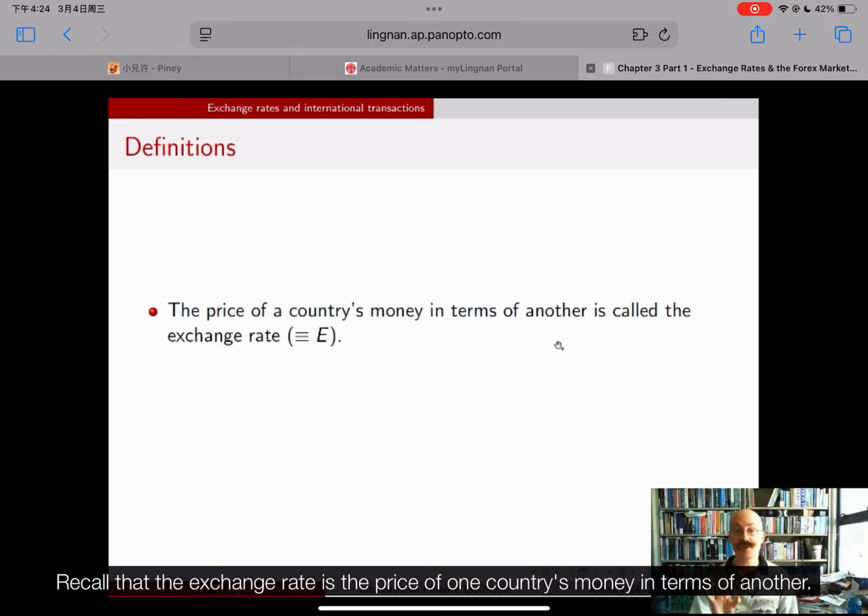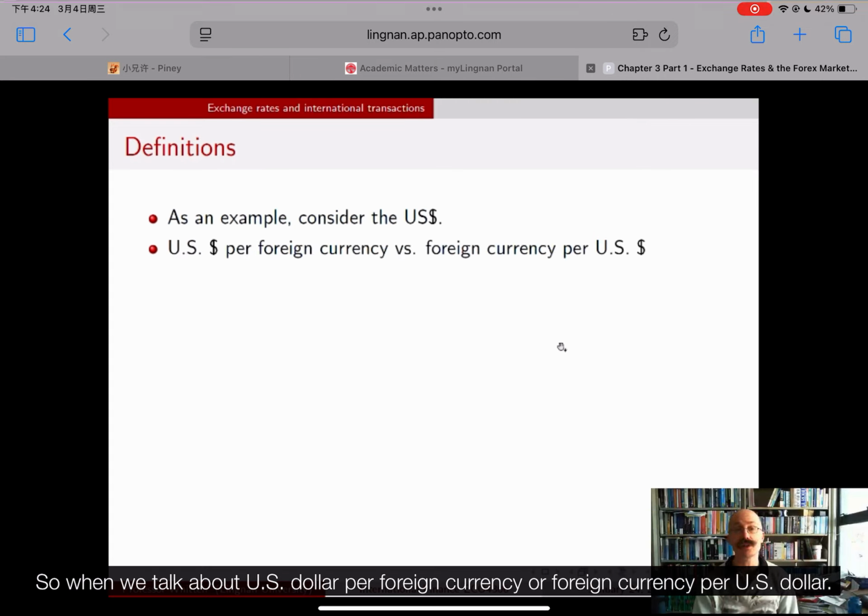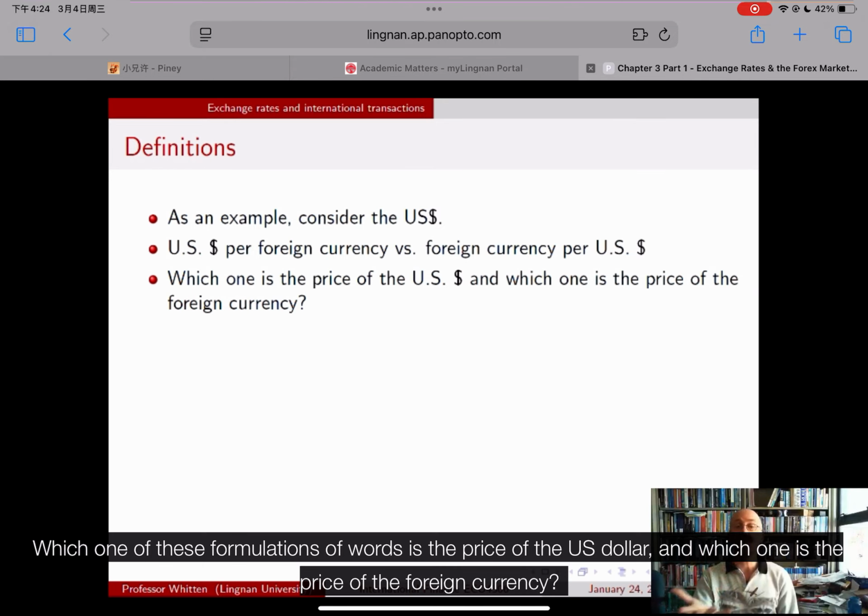Recall that the exchange rate is the price of one country's money in terms of another. So when we talk about US dollar per foreign currency, or foreign currency per US dollar, which one of these formulations of words is the price of the US dollar, and which one is the price of the foreign currency.